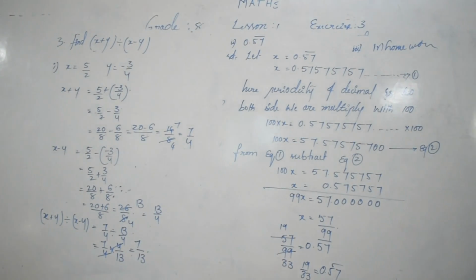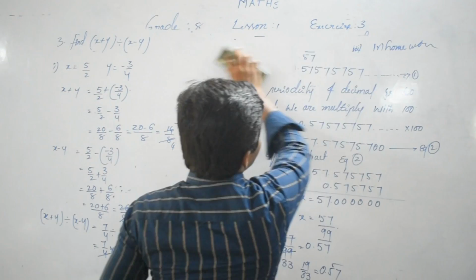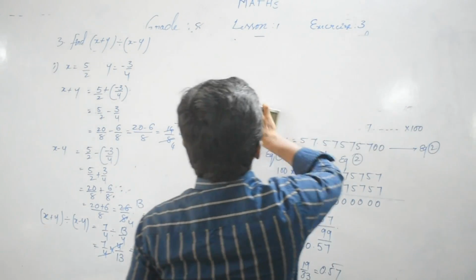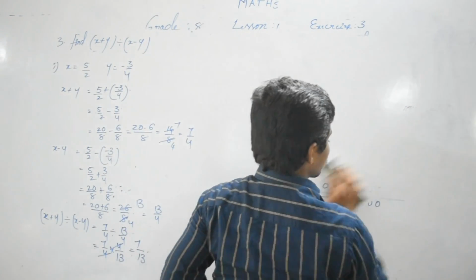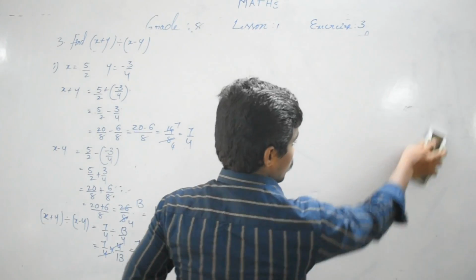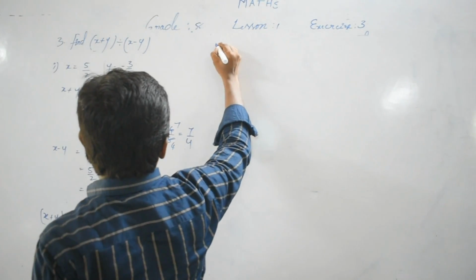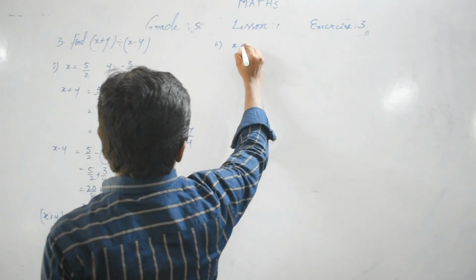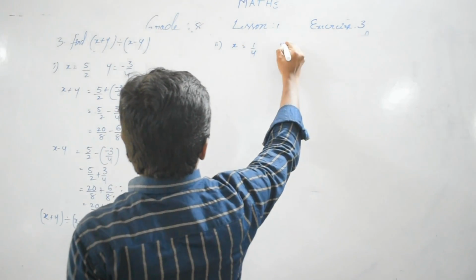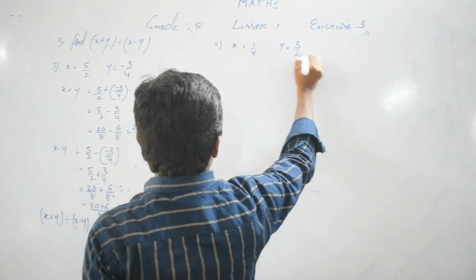Next one. So 1 by 4 and 3 by 2. So here x value given 1 by 4, y value given 3 by 2.